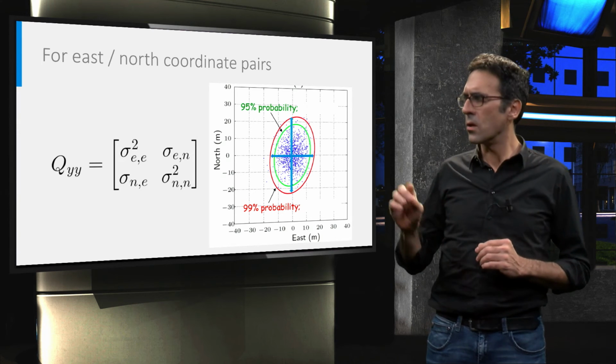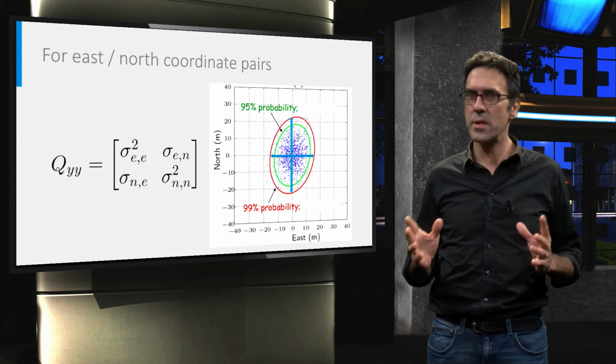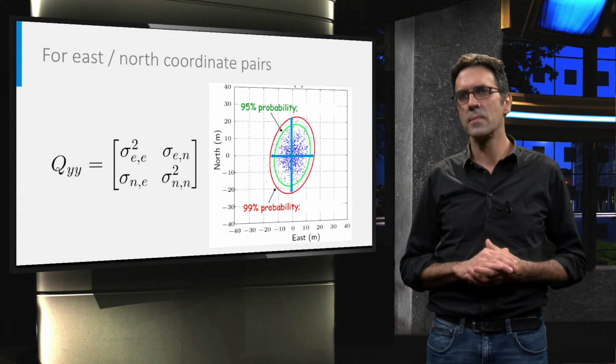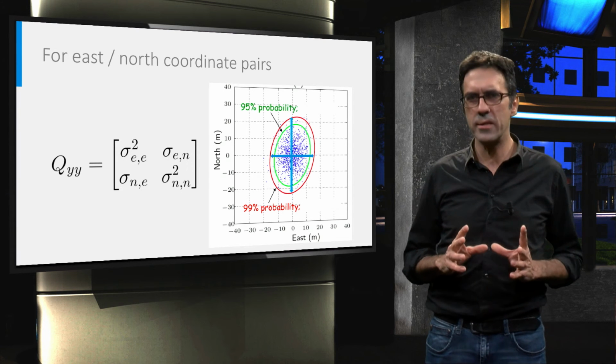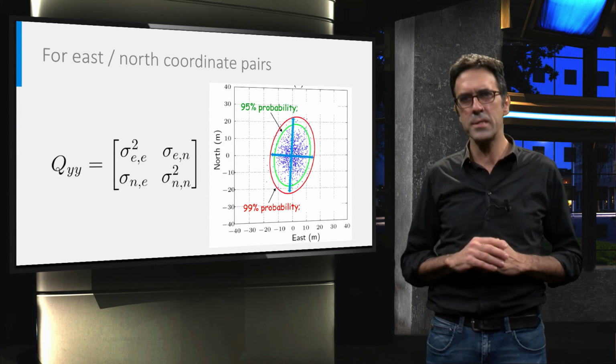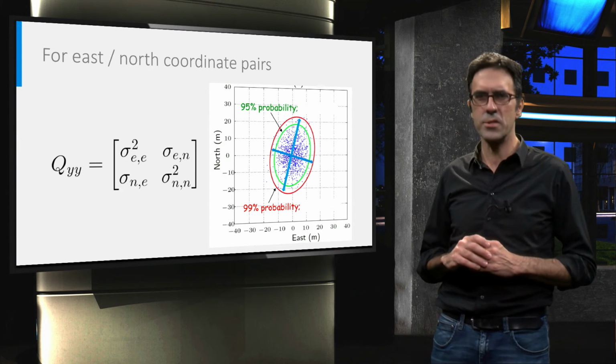So, the lower right term of the covariance matrix will be larger than the upper left term. From the fact that the point distribution is not oriented along the coordinate axis, we deduce that the off-diagonal terms of the matrix are not zero.